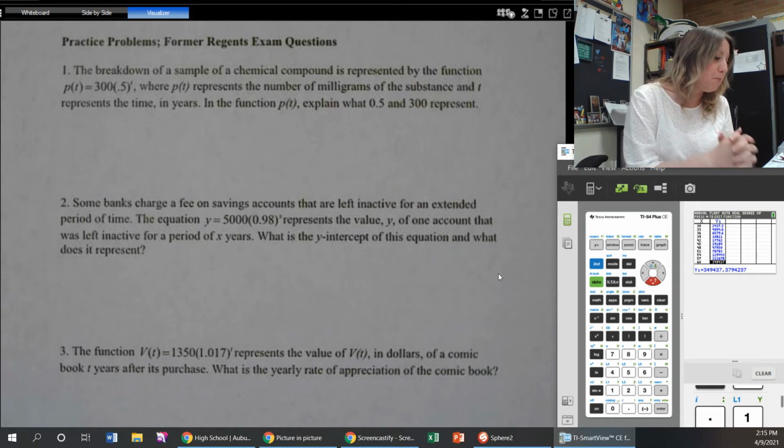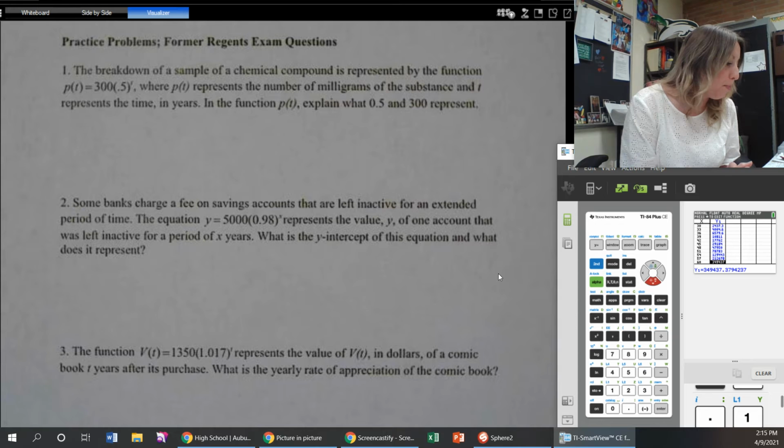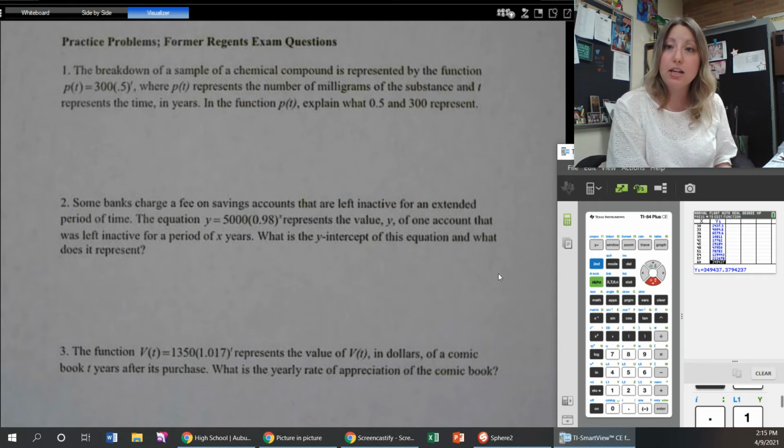The breakdown of a sample of a chemical compound is represented by the function P of T equals 300 times 0.5 to the T, where P of T represents the number of milligrams of the substance and T is the time in years. In the function, explain what 0.5 and 300 represent.